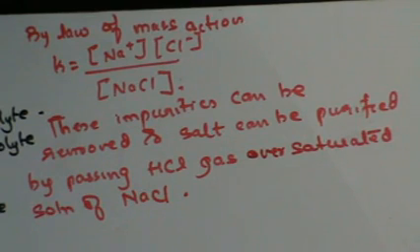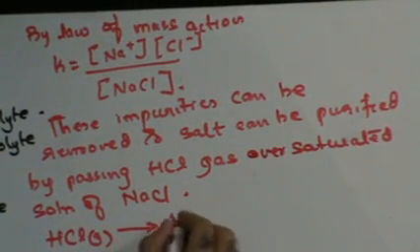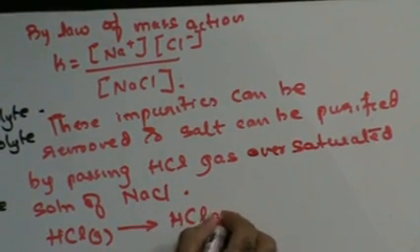If I pass HCl gas, HCl in gaseous form comes in contact with water, it's converted into HCl in aqueous form, which dissociates to give you hydrogen ions and chloride ions.